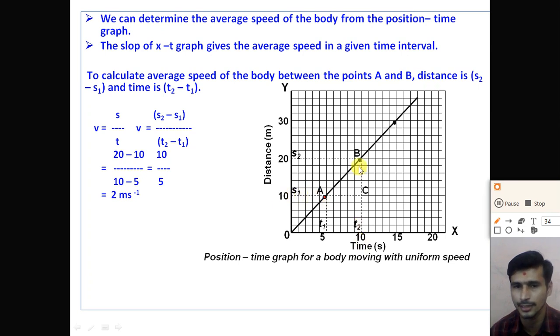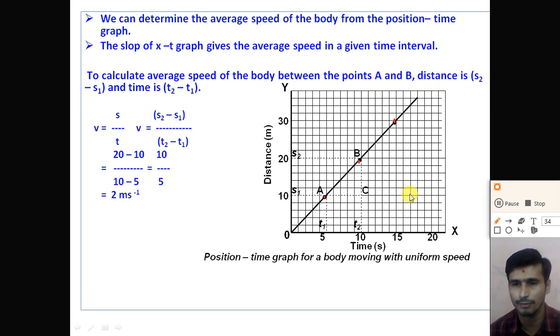At 10 second, the position is 20 meter. At 15 second, the position is 30 meter. So here the object covers equal distance in an equal interval of time. The motion is said to be a uniform motion. So from this graph, how can we calculate the slope of the graph?